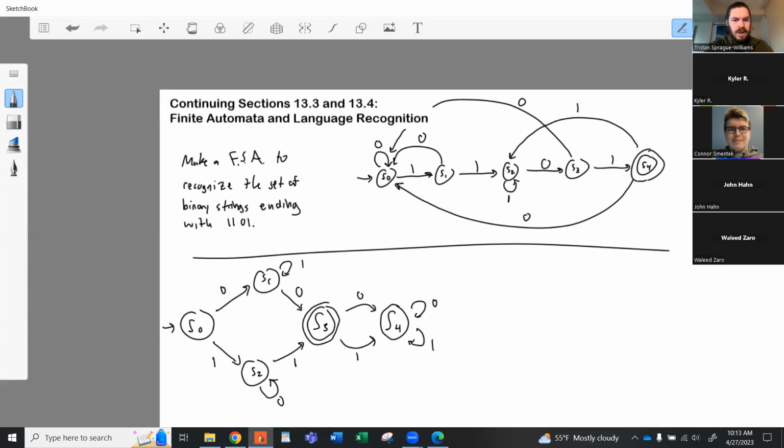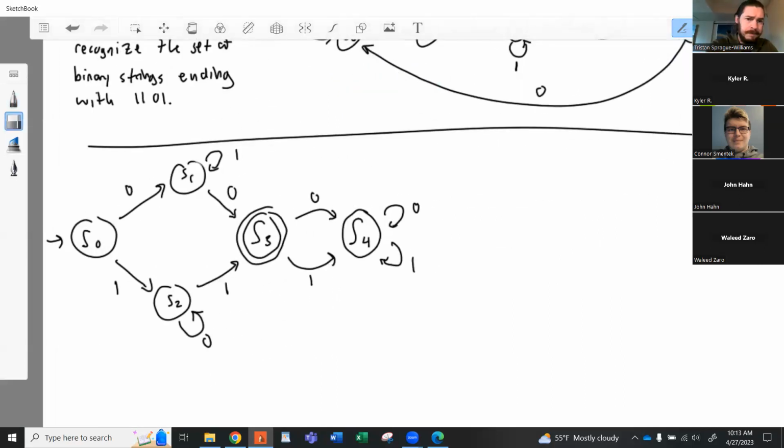All right, so there's the finite state automaton. What the heck is it doing?